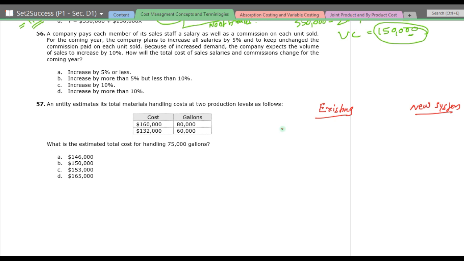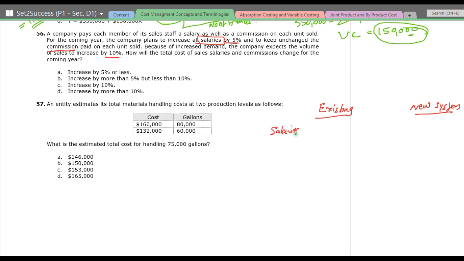They are asking for two things. First one is salaries, that is increasing by 5%, and salaries and commission paid on each unit sold. Because of the increased demand, the company expects the volume of sales to increase by 10%. So let us assume some numbers.